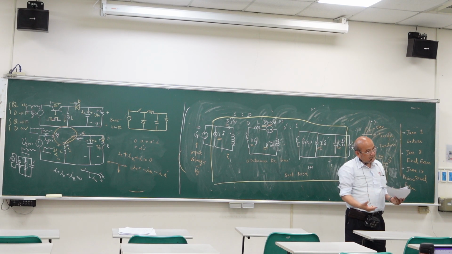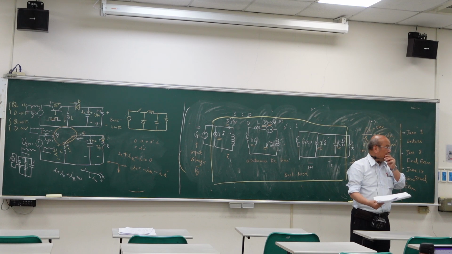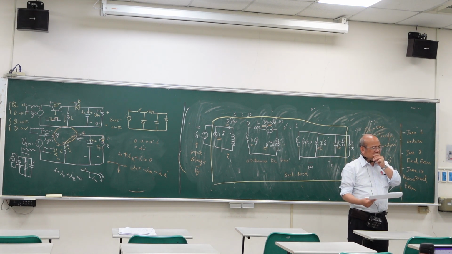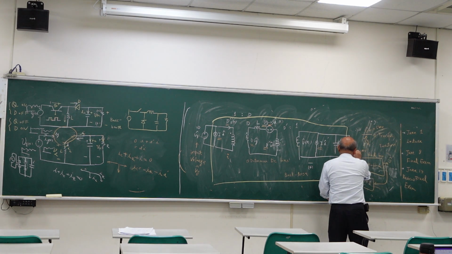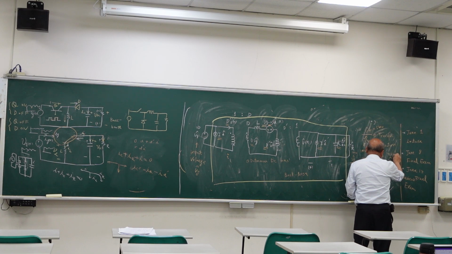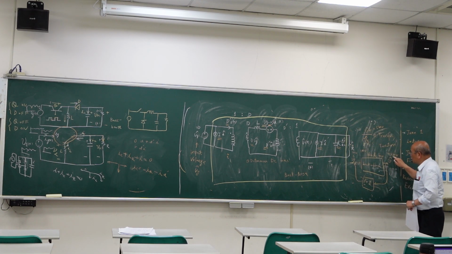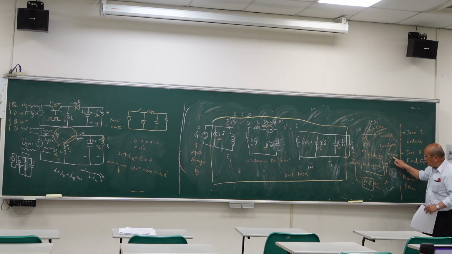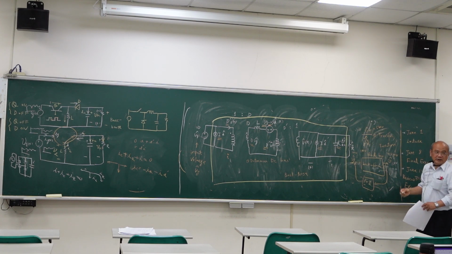So if you know the model, what can you do? You can design the controller, right? So what is the purpose of the controller? Because input has 1 millivolt, but output creates 0.5 millivolt. I think the output ripple is too huge. So I want to design a PI controller to make this 1 millivolt, this 1 microvolt.